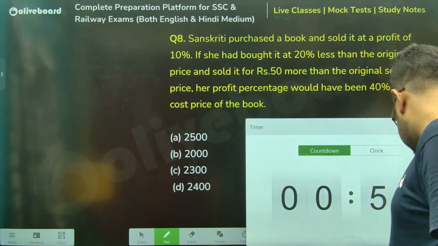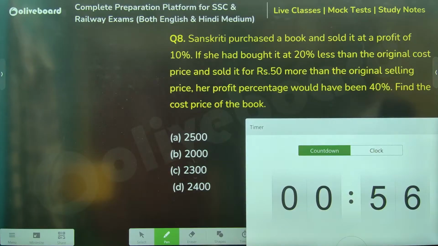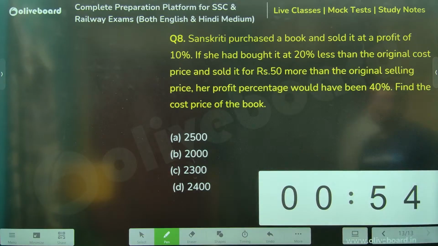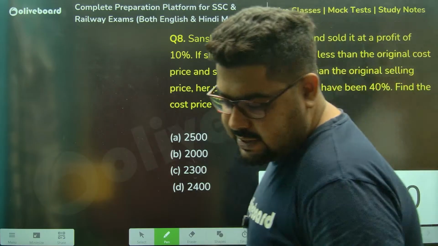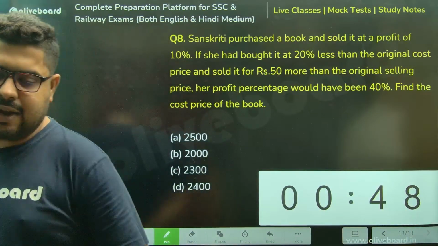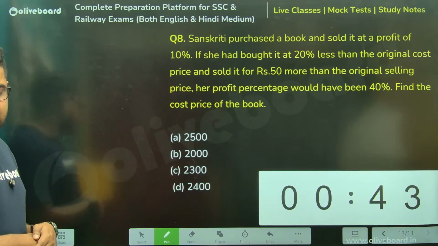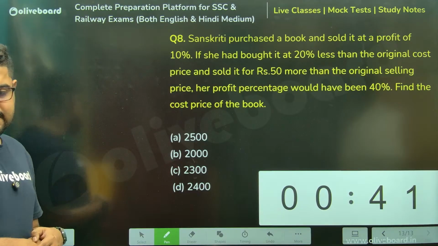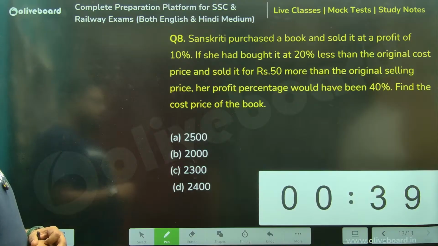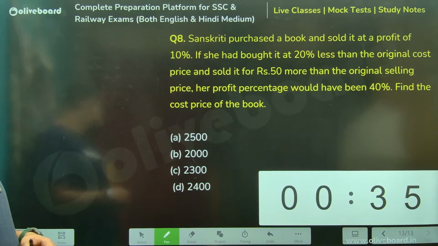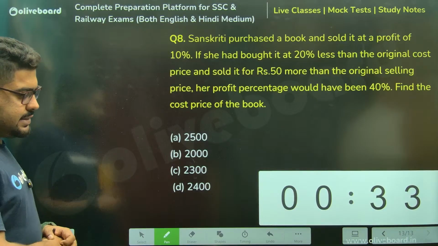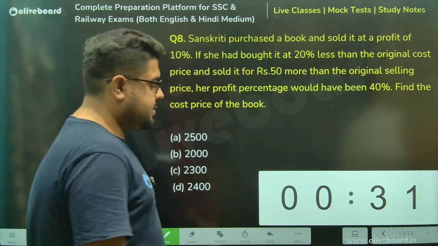Please solve. This is your timer. But I don't think you will require 1 minute. It's 30 seconds. These last 3-4 questions are a little on the easier side. Let's solve this. Last 30 seconds. I'll stop it at 30.